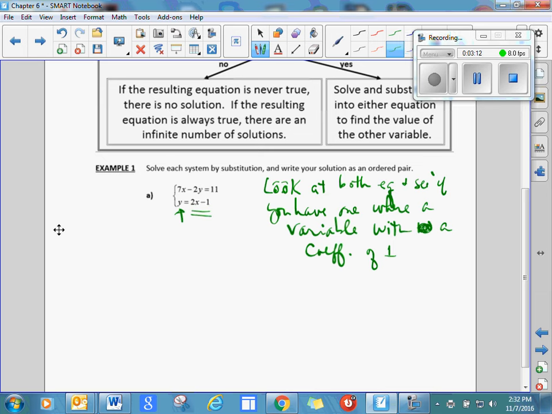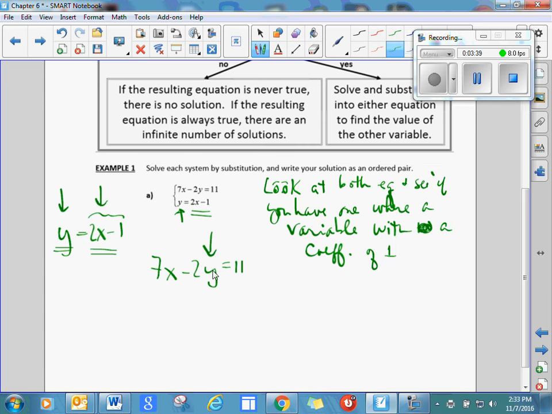Because if y is equal to 2x minus 1, if both sides of these represent the exact same thing, then we can use y, or we can use 2x minus 1 and have the same value. So if you look at our original equation, 7x minus 2y equals 11, I am going to replace this y right here.